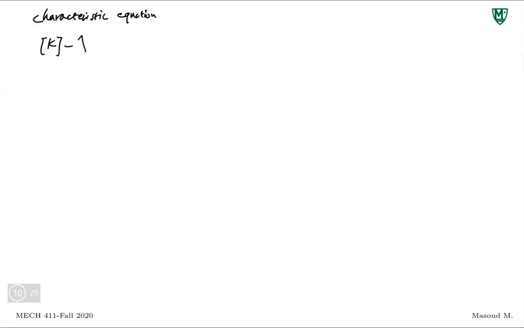Let's write it as lambda m times x is equal to 0. This is the general form of the eigenvalue problem. Well, this is not the characteristic equation. Scratch that. This is the eigenvalue problem.